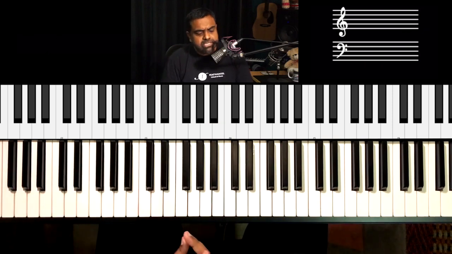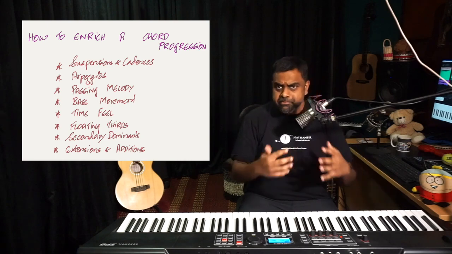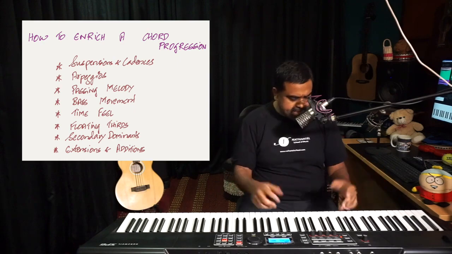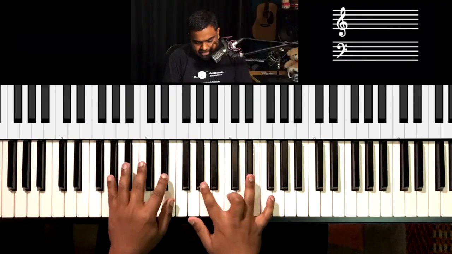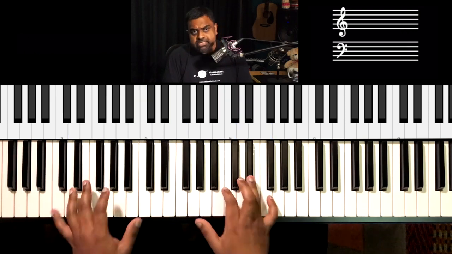What we do around that is build all sorts of embellishments within the chord progression. So if it's, let's say, E flat, A flat, B flat, and C minor, while you play each of these four chords, we are going to develop a lot of possibilities to make the chords a lot more interesting.